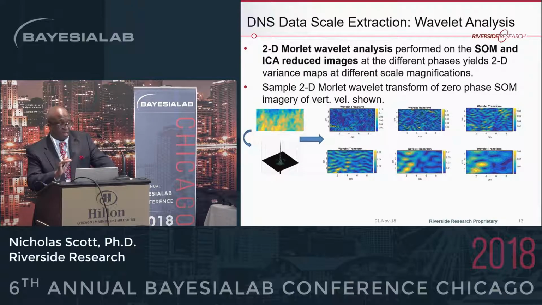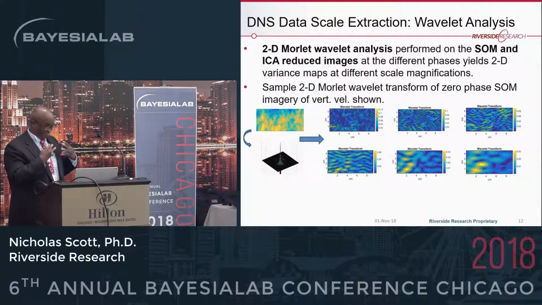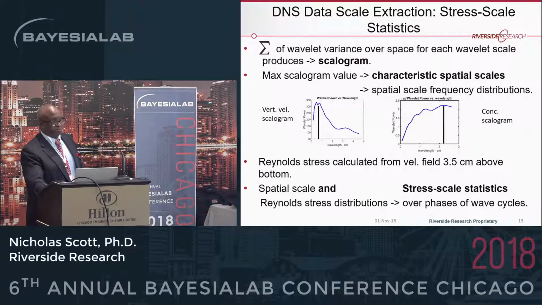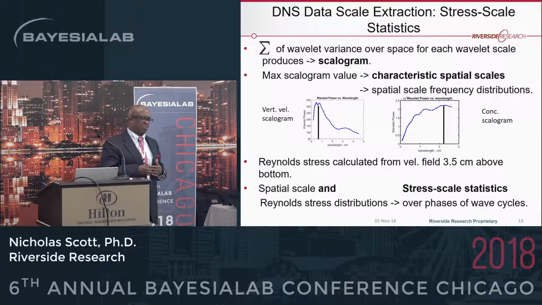Once you do the SOM and the ICA, you can next perform a wavelet analysis. This is the thing that actually pulls out the scale information. I won't go into all the details of it, just suffice to say that if you go through it, you'll be able to pull out characteristic scales from this entity called the scaleogram.